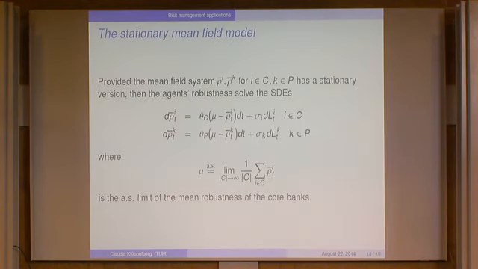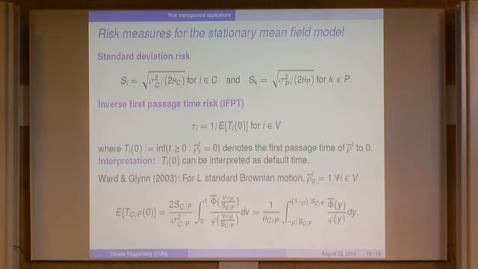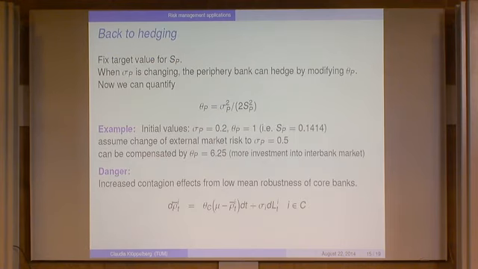Okay, so now we are here. We have these two risk measures, and we want to interpret this in the context of our model. So what would a bank do? It would probably fix a target value for its standard deviation.